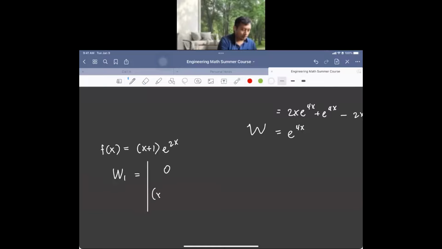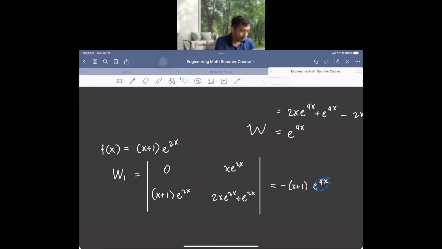So f of x, let me just write, f of x is x plus 1 e to the 2x. This one is x e to x. And this is 2x e to x plus e to x.